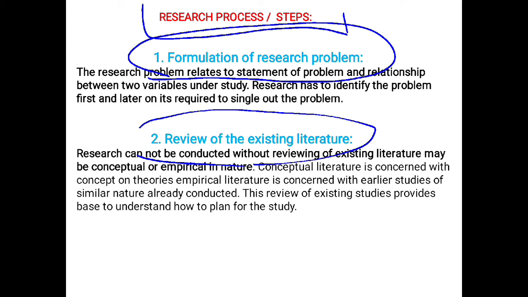You are collecting different knowledge on the topic, that may be from books or journals or magazines, the library or online, etc. Collecting different knowledge on the topic is called literature.